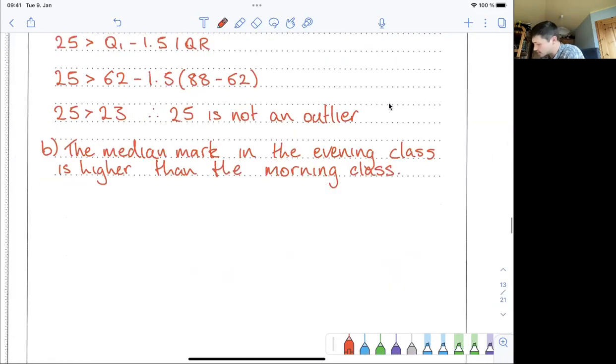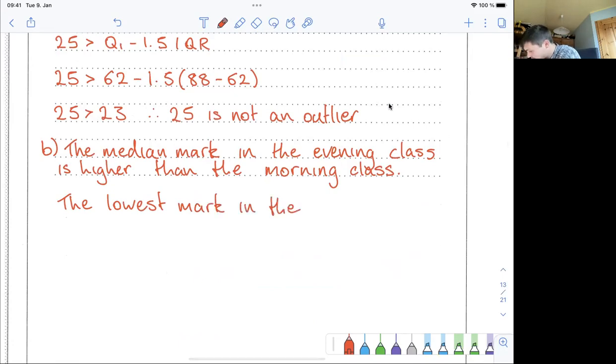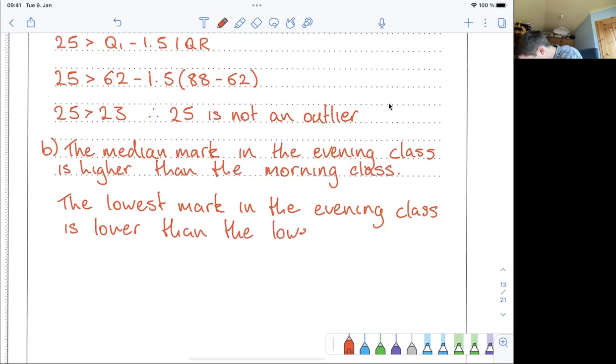So let's say, the lowest mark in the evening class is lower than the lowest mark in the morning class.